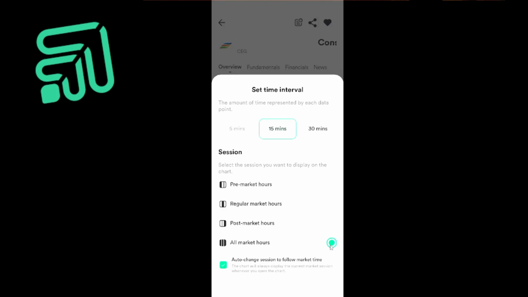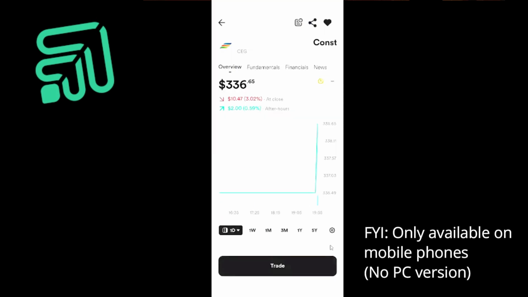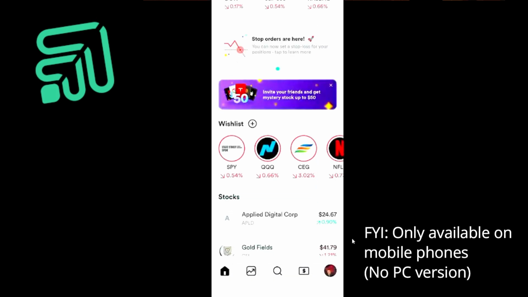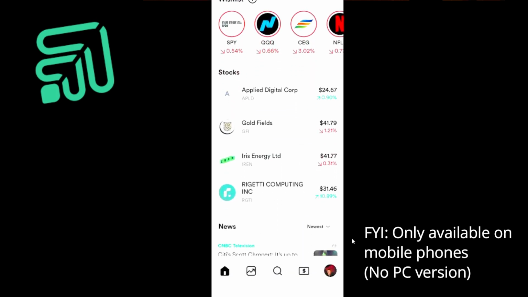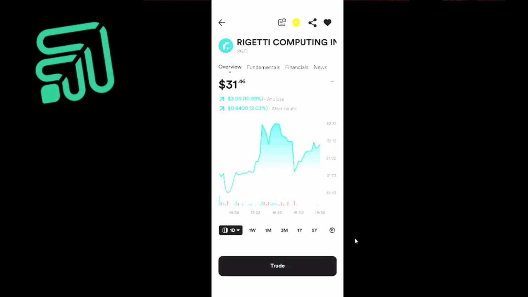Okay, so by the way, since this is a cell phone thingy, this is available in Android and also in iPhone. Okay, so if you click on Rigetti, that's a quantum computing stock.